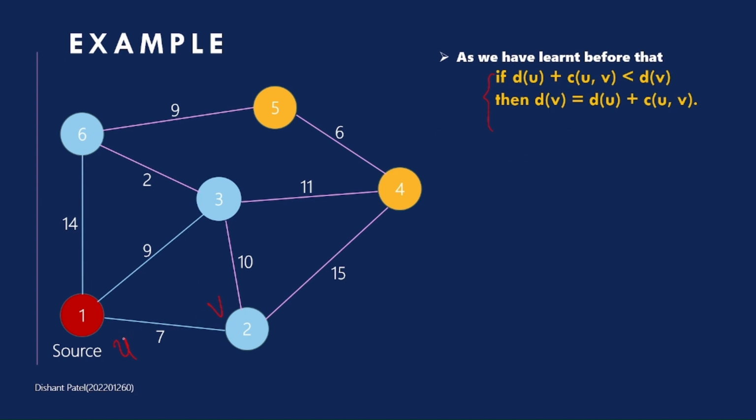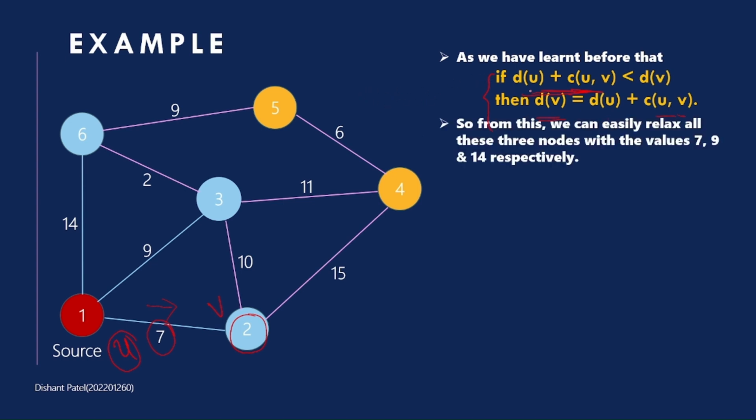Distance of u means the distance of that node from the source node, and cost means how much value you have to spend to reach the approaching node. If this condition is satisfied, then we update the distance of v to equal distance of u plus cost of u to v. This is called the relaxation condition.